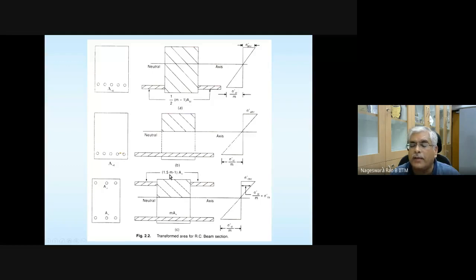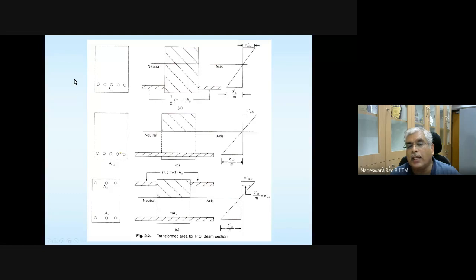The behavior of concrete in compression is going to be different from the behavior of concrete in tension, and if you consider long-term effects as well, inelastic strains. So the code is suggesting that instead of m, if the steel is in compression, you take it as 1.5 times m, and this minus 1 is to take care of the concrete that is replaced by the steel.